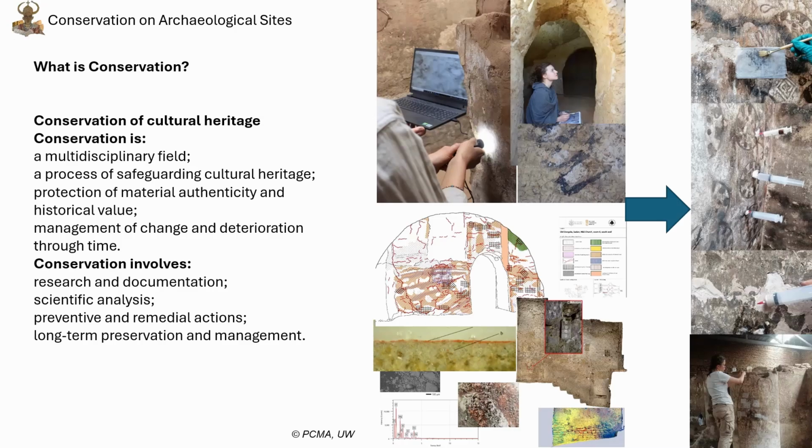Another important point is that conservation concerns not only the physical material itself, but also the meaning and values associated with this heritage. To these values, we will come back. It's really important that you had a lecture before this one about values of earthen architecture.